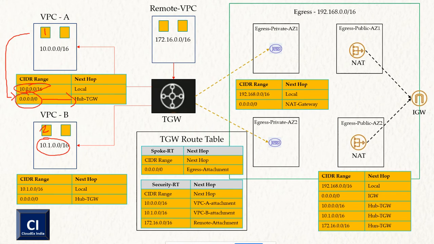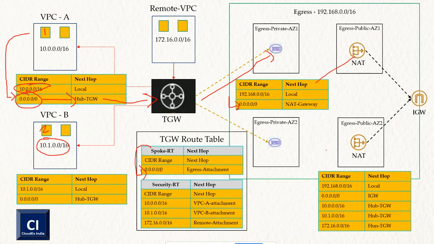It's sent to the hub transit gateway. You reach the hub transit gateway. The hub transit gateway will verify where the association is, follow its local route, and send the traffic to its egress private subnet. Under the egress private subnet, it will send your request to the NAT.